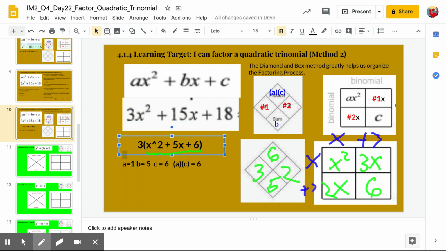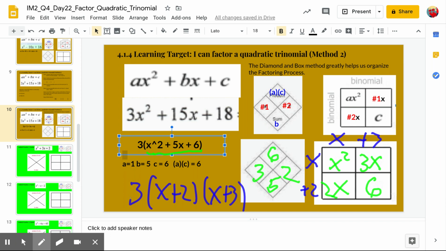Oh, just 2. So there's your factors, so we rewrite it as x plus 2 times x plus 3. But wait a minute, this is a mistake. If you give me the answer like this, I'm going to go, so close, yet so far. Why? That's right, we forgot about the GCF we pulled out, the 3. So we have to have the 3 in front. So it's 3 times x plus 2 times x plus 3.